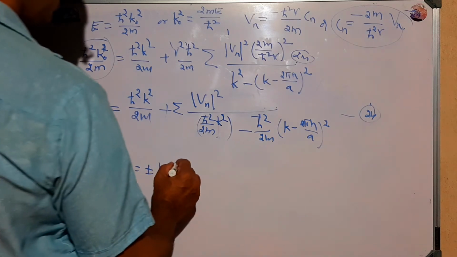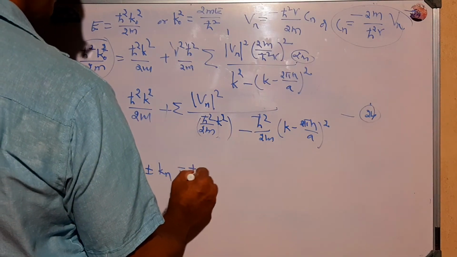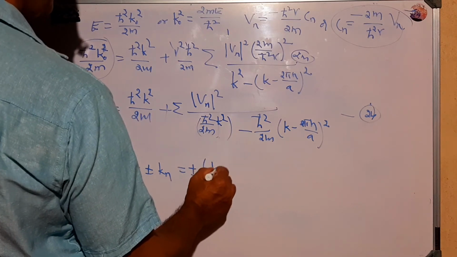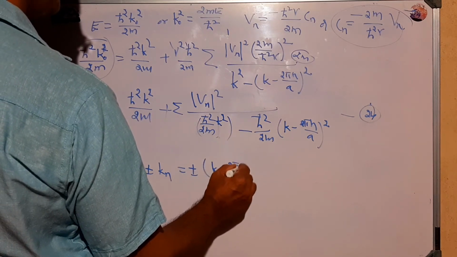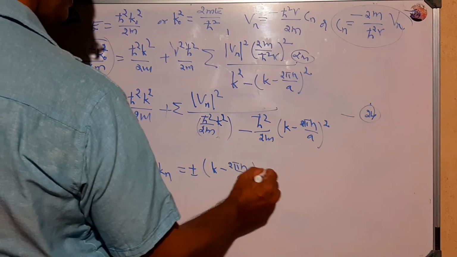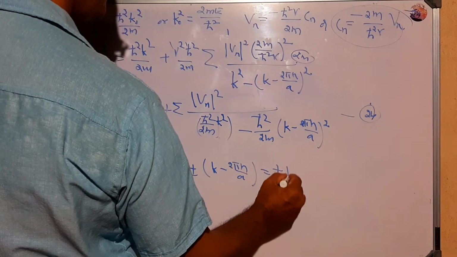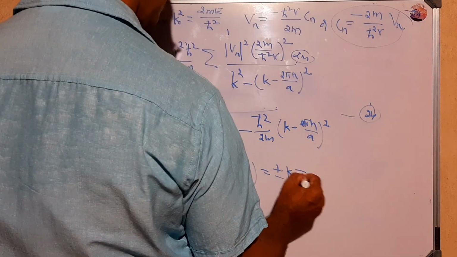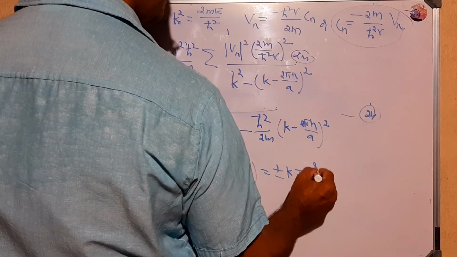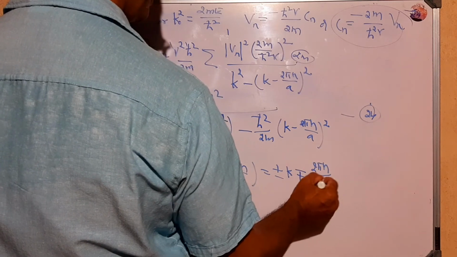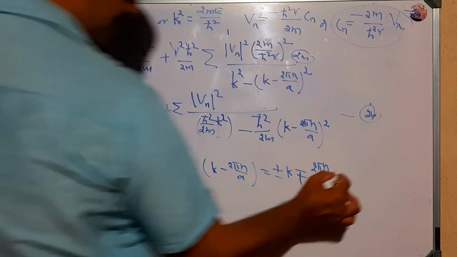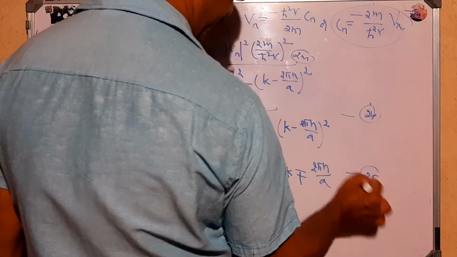Plus or minus kn is nothing but k minus 2 pi n by a. That is plus or minus k, multiplied, it becomes minus or plus 2 pi n by a. That is equation number 25.